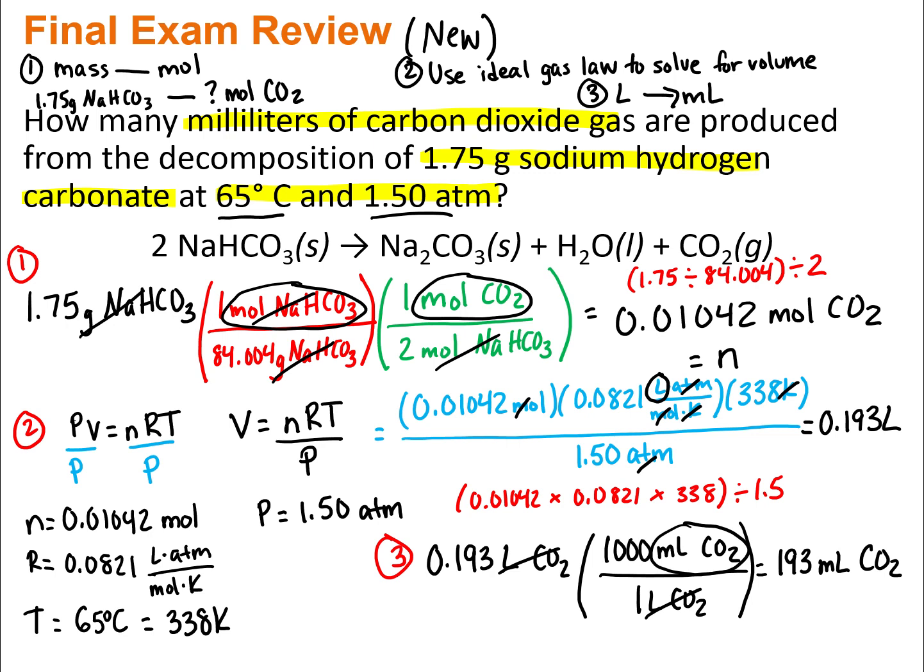So that is a combination of stoichiometry and the ideal gas law. You might see a question like this on your exam. I'll pause here for about 10 seconds, and if you have any questions, you can let me know. Otherwise, I'll move on.